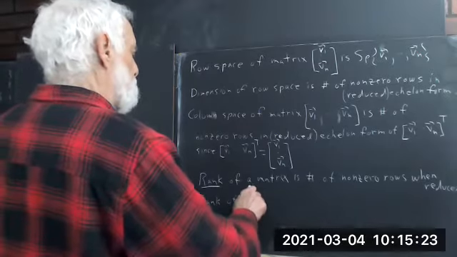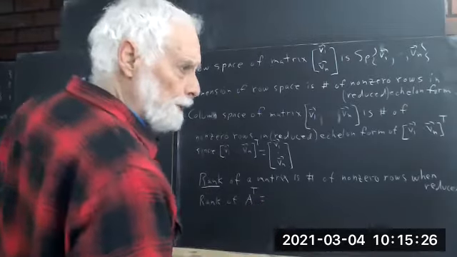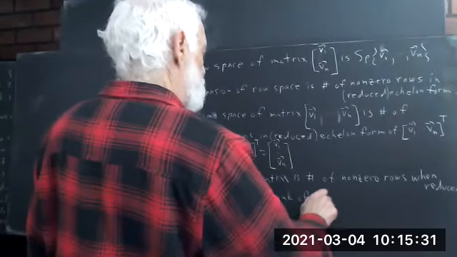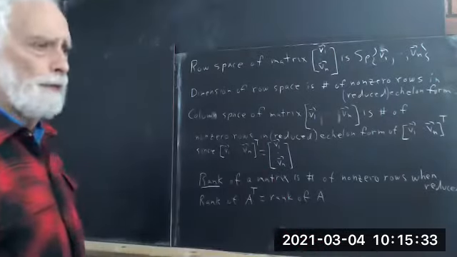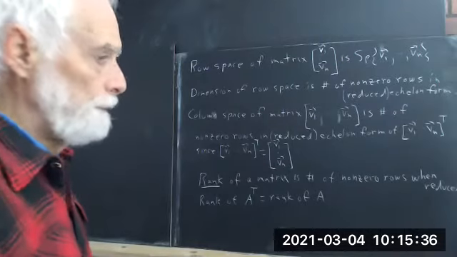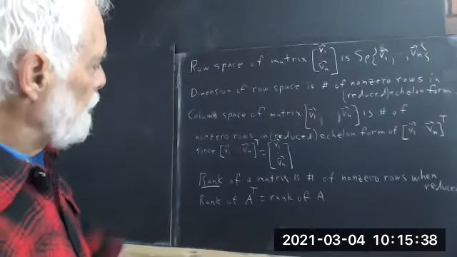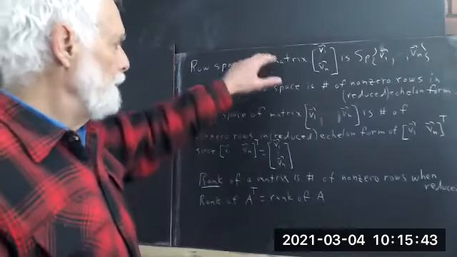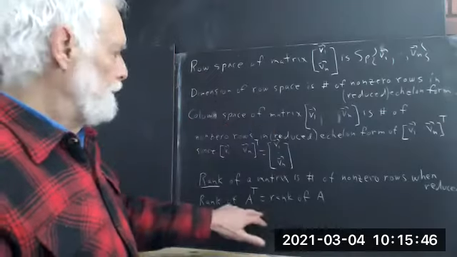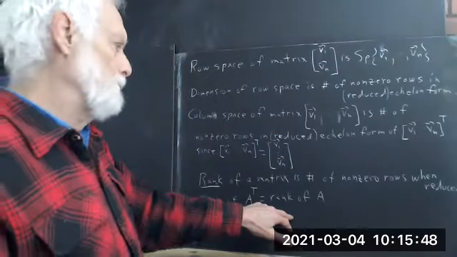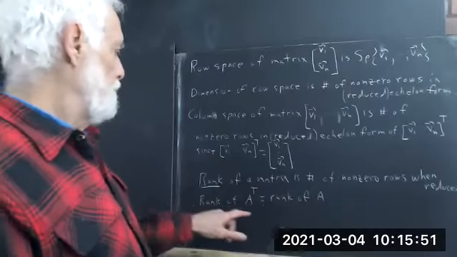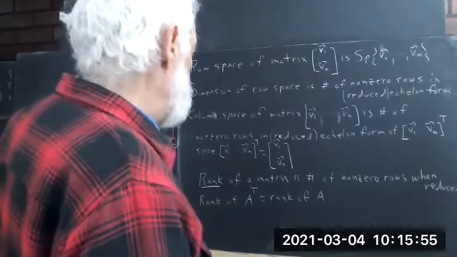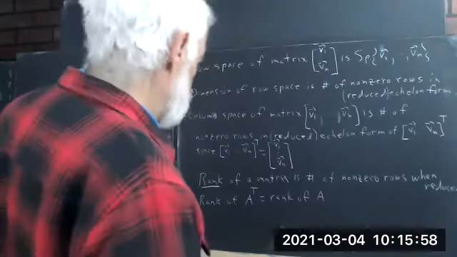Rank of a transpose of a matrix is equal to the rank of the matrix. Okay, because all you're doing is you're making the columns into rows. And if you understand how this works out, it maybe isn't totally obvious, but it's easily proven, and you'll see that result.